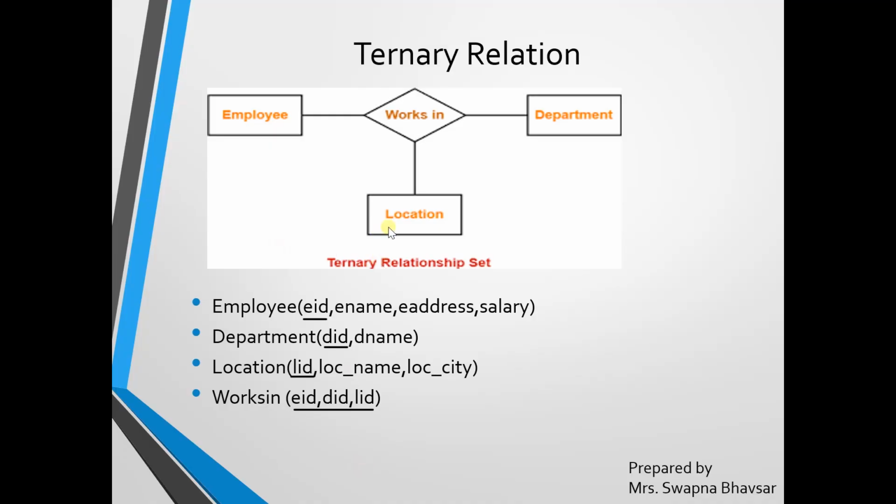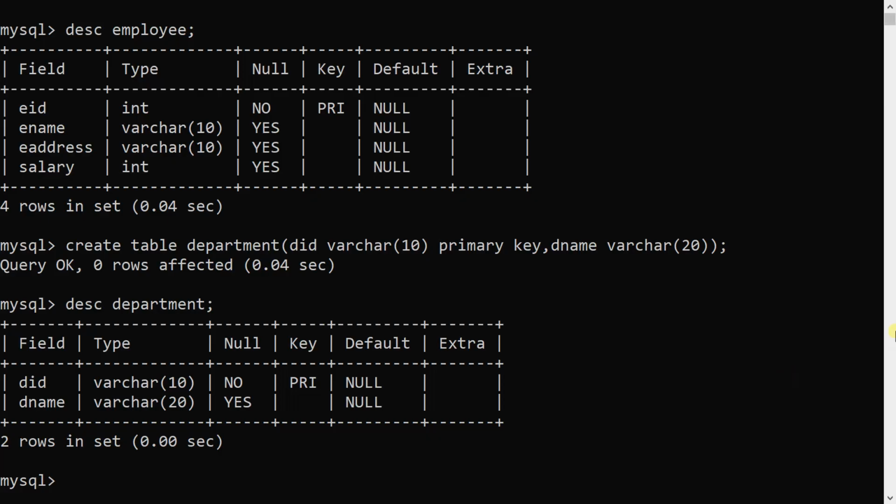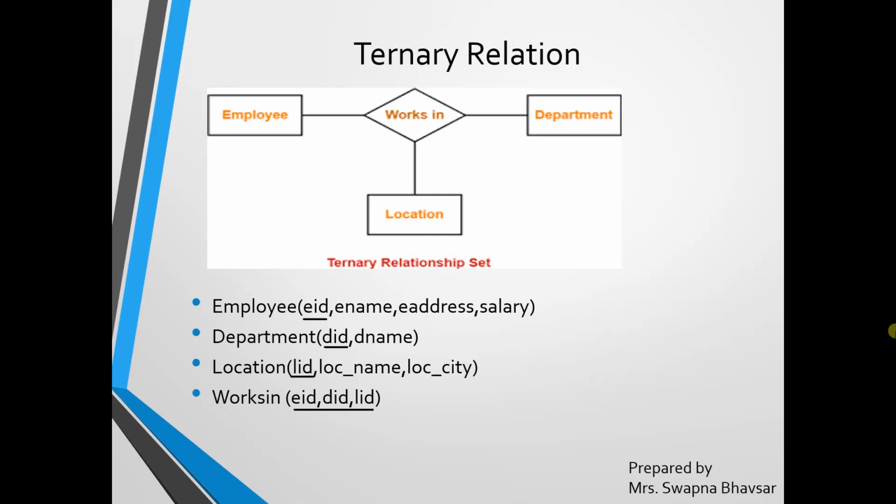What is my third table? Location with attributes LID, location name, location city. So I will create my third table, create table location in bracket LID, and again it is a primary key, comma, what is my second attribute?